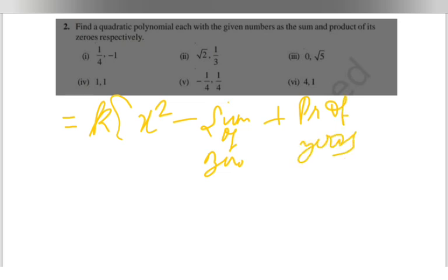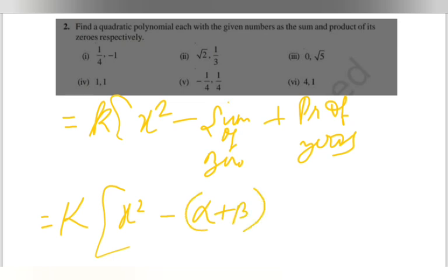That is k of x square minus alpha plus beta, plus alpha beta. So this is your general formula to find a polynomial using zeros.